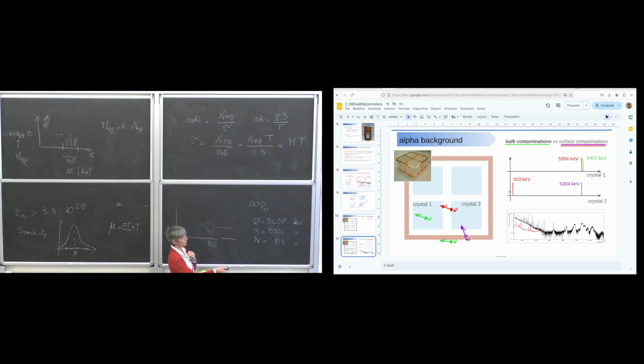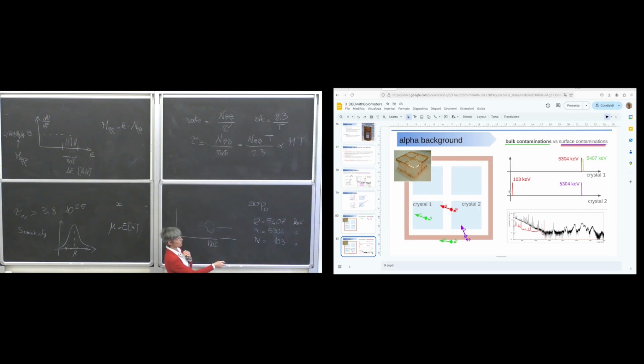So when I look in the crystal, I will see a peak at this energy for bulk contamination of the crystal, and a peak at this energy in the case where the contamination is on the surface of the copper.